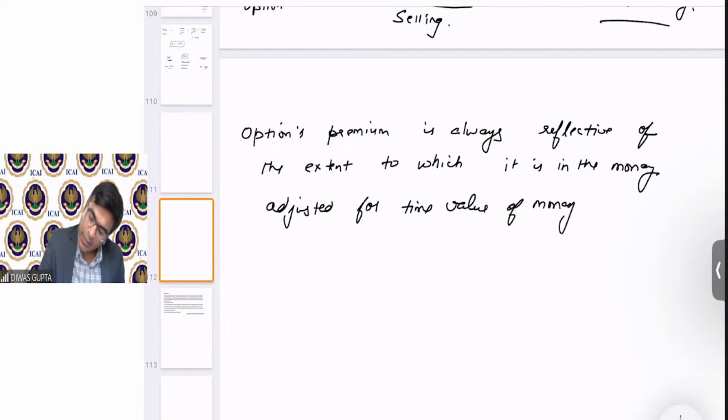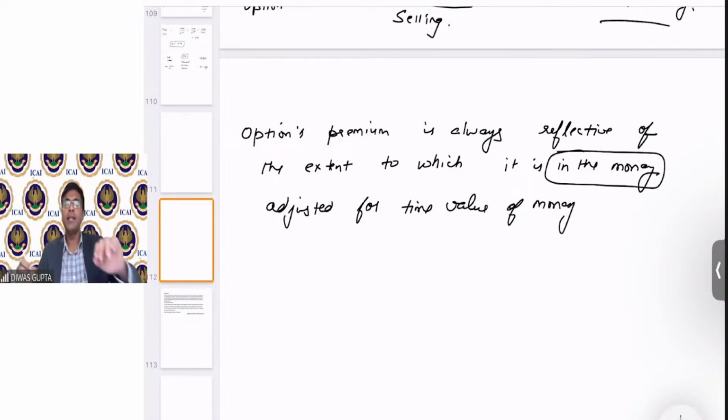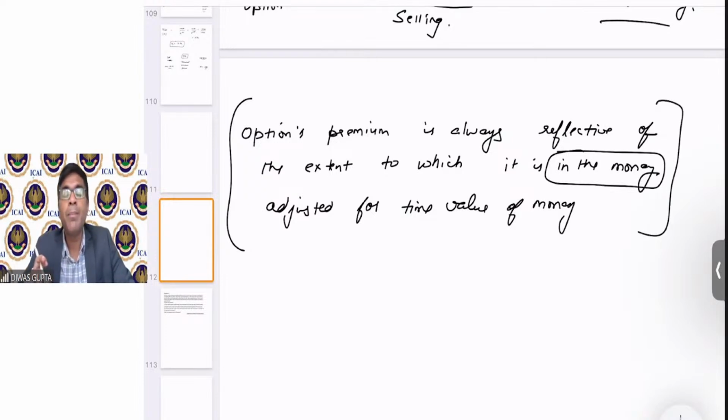I hope you are getting my point. This statement is clear, right? So options premium will always be equal to the present value of in the money payoff. Simple.